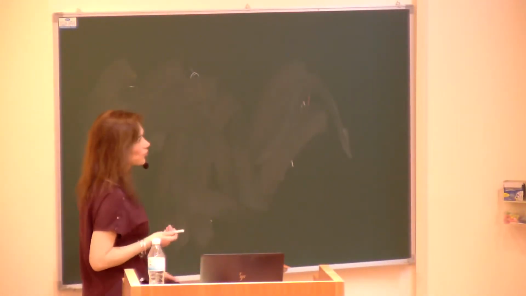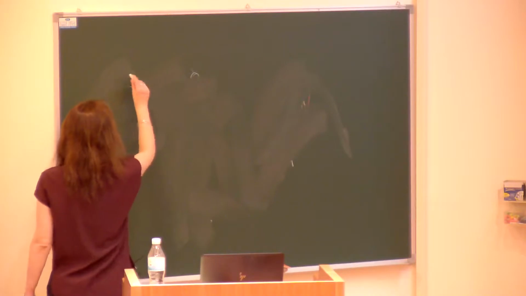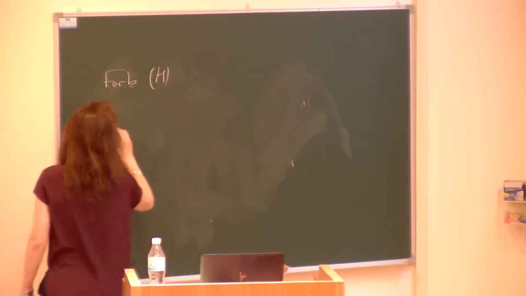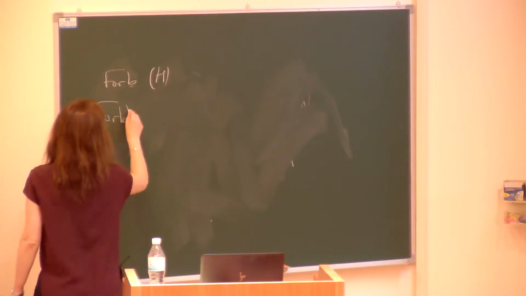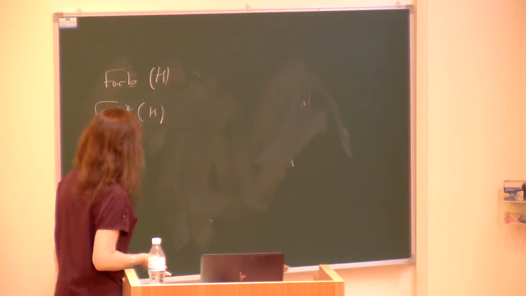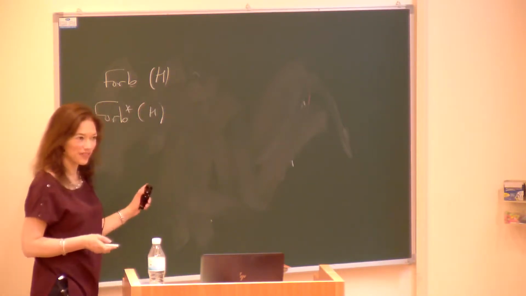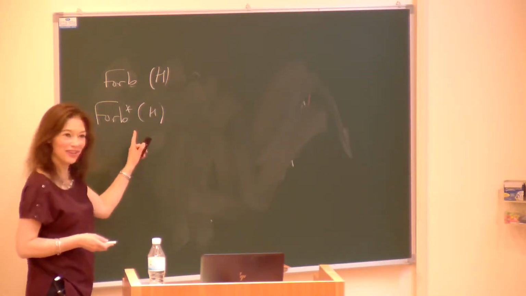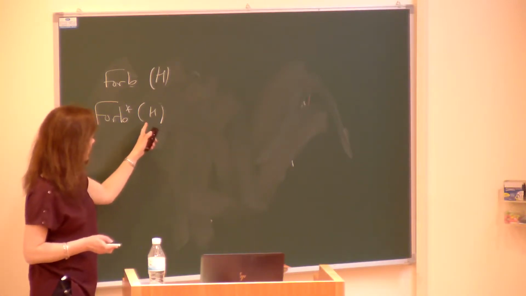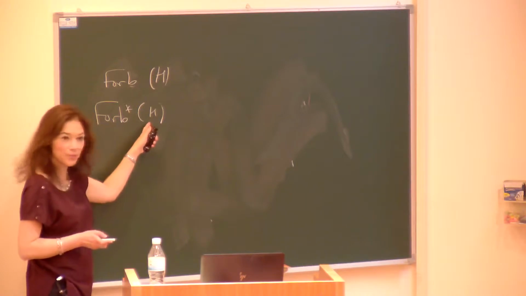So Gyárfás-Sumner conjecture talks about Forb of H. I want to think about something that I call Forb star of H. So what's Forb star? In Forb of H, one induced subgraph is excluded. In Forb star of H, infinitely many induced subgraphs are excluded, but they're precisely the graphs that are obtained from H by subdivision.